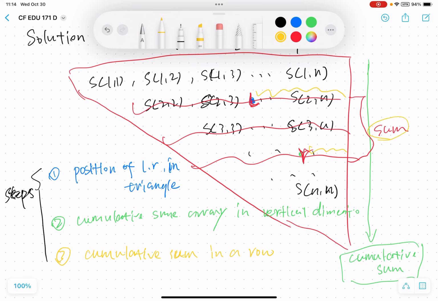After we know the sum in the vertical cumulative sum, we need to subtract the first part. Or we can calculate the sum of this part and add the cumulative this part. So there are 3 steps that can help us solve every query. First of all is find the position of L and R. Second, we need to calculate.